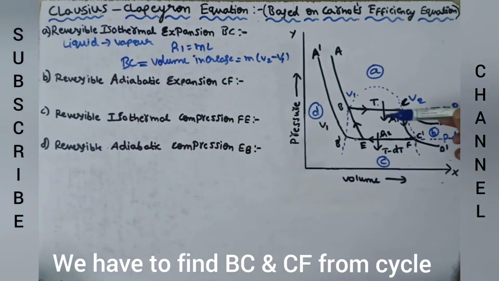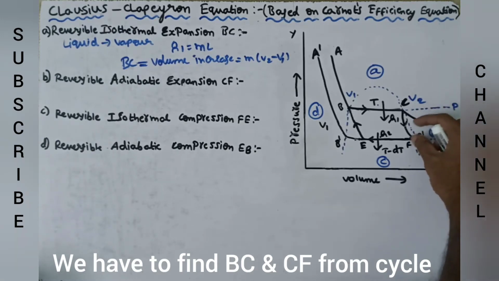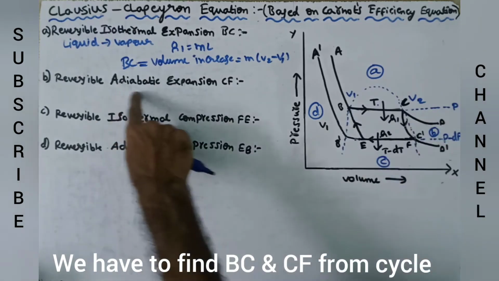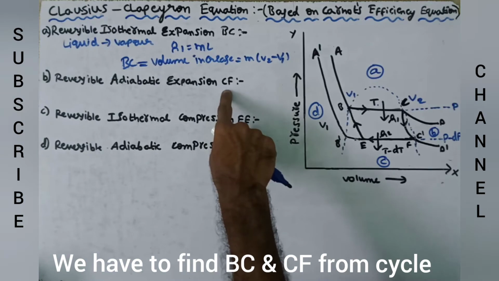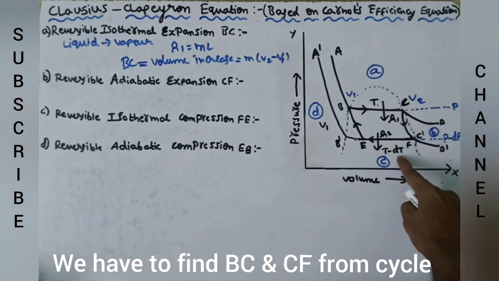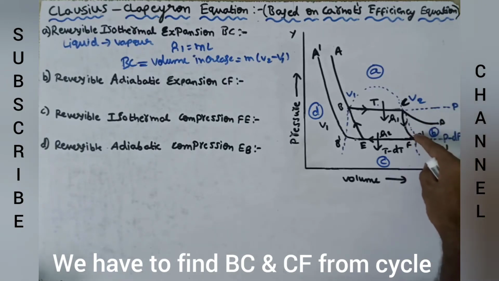Here along the BC curve, pressure is P. Along the EF curve, pressure is decreased to P minus dP. Here dP amount of pressure is decreased. In the second process, adiabatic expansion CF, the temperature is changed from T to T minus dT. dT amount of temperature is decreased.